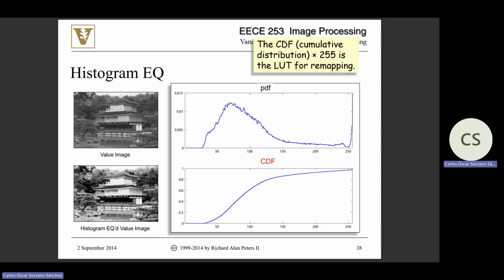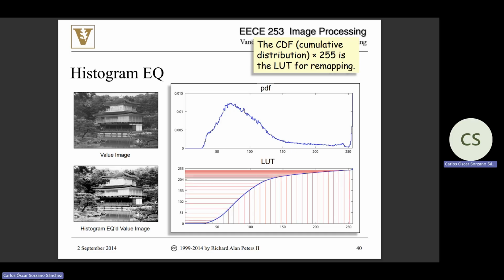It's invertible. It's the lookup table, so the CDF multiplied by 255. And then here is some nice representation of it. We will discuss this. Okay, let me make the comment.